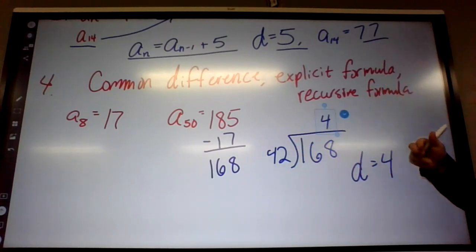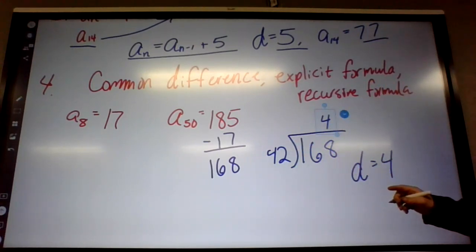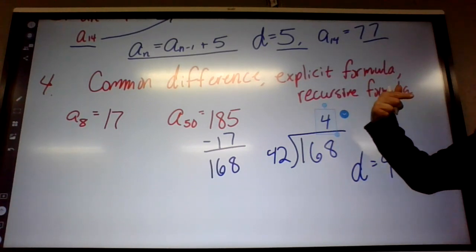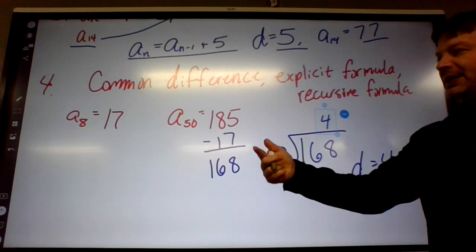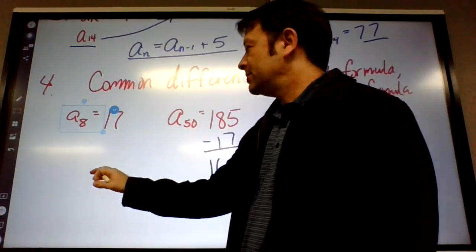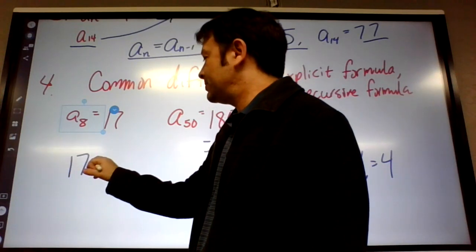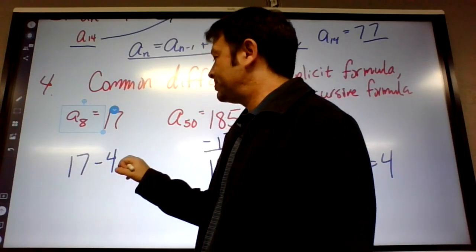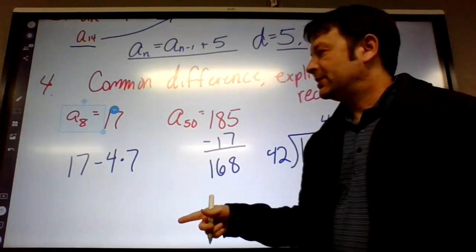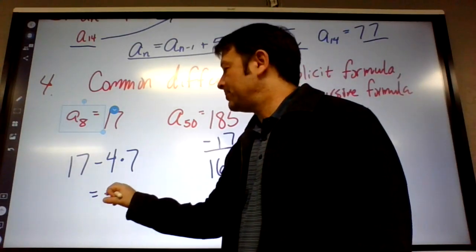Okay, explicit formula. This is kind of tricky because on the explicit formula you need to know what comes before the first term, and they don't tell us the first term, they tell us the 8th term. So to find the first term we would have to back up, subtract 4 seven times. And that'd be like negative 11.